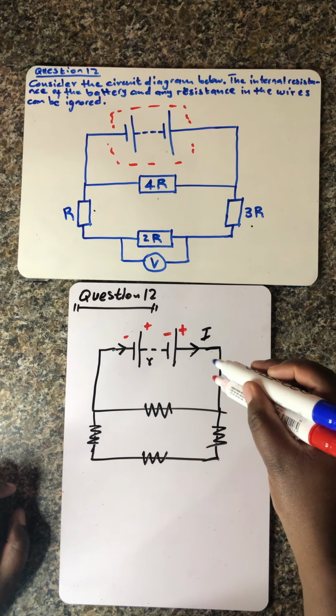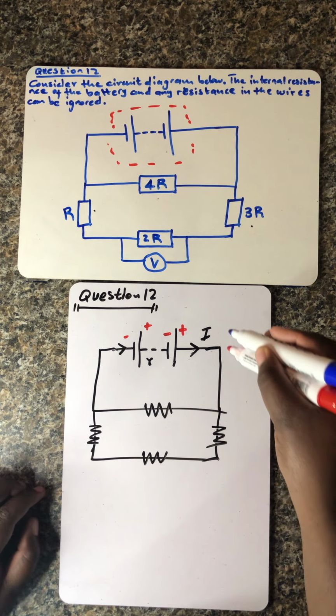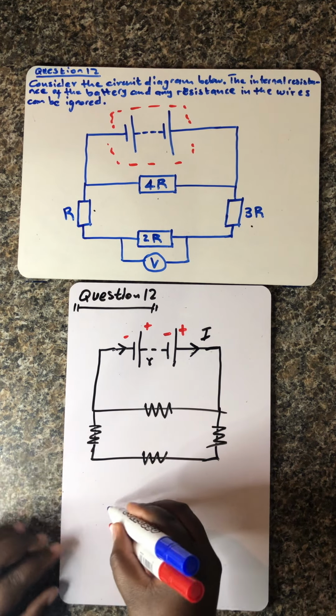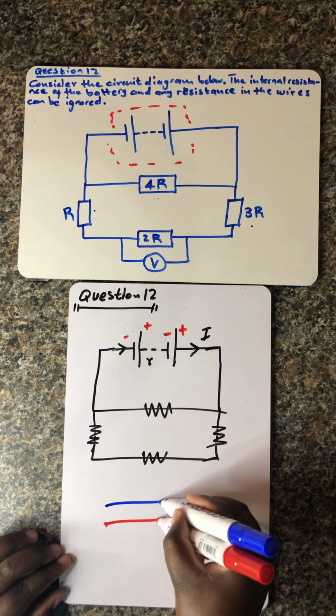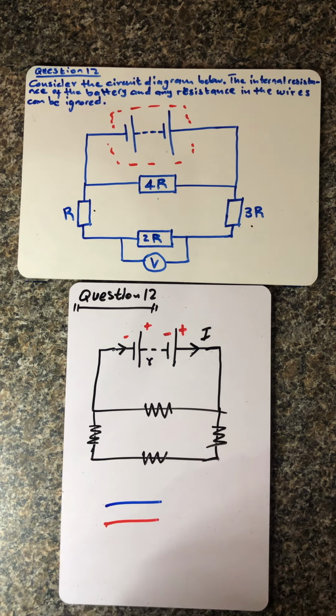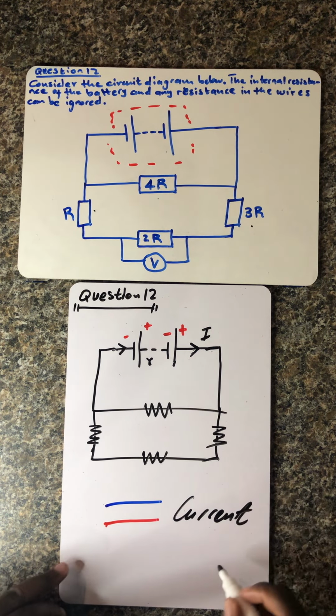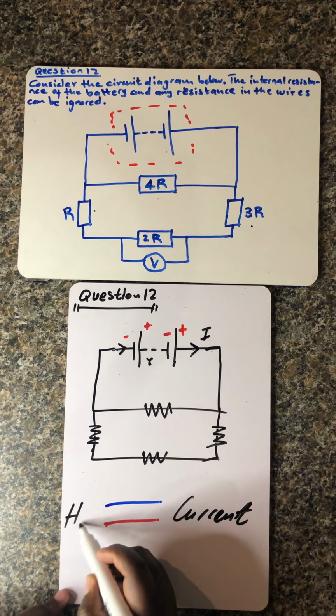Remember, we said current flows from the positive to the negative side of the battery. So let's assume this is the current. These two lines represent the current. Someone may just think of it as water.